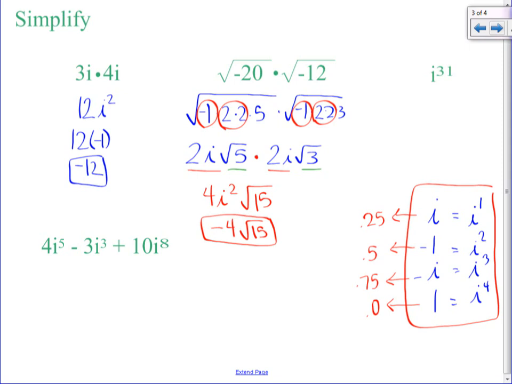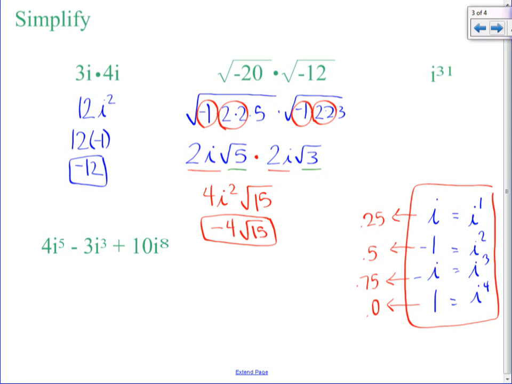So for instance, if we had i to the first power, we take 1 divided by 4, what do we get? 0.25, that's where that came from. 2 divided by 4, we get 0.5. 3 divided by 4 is 0.75. 4 divided by 4 means you're going to have an integer answer, no number after the decimal.